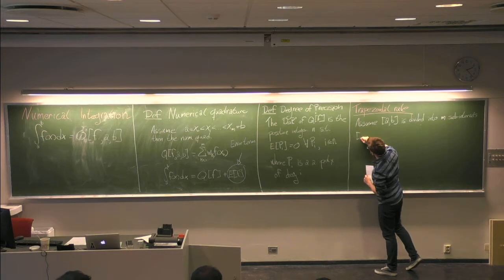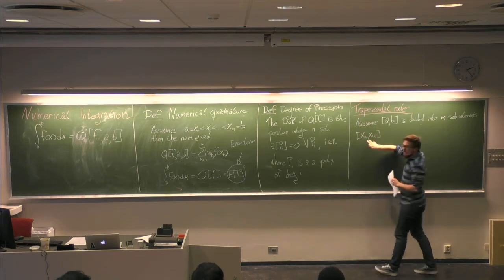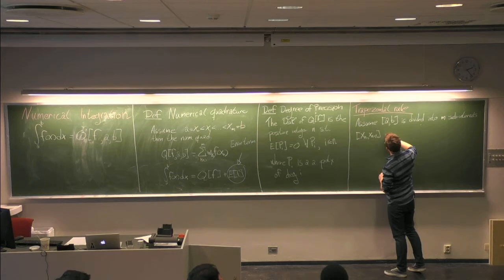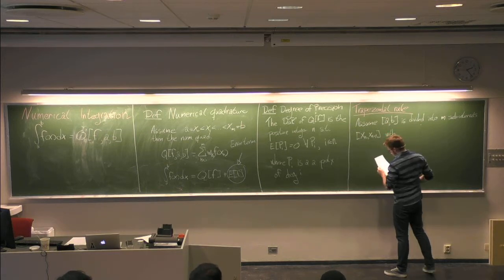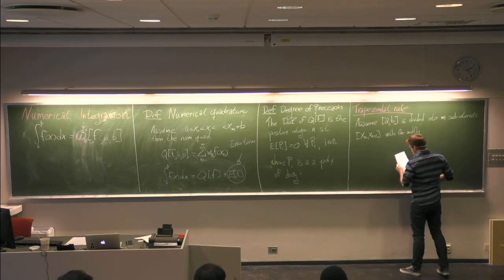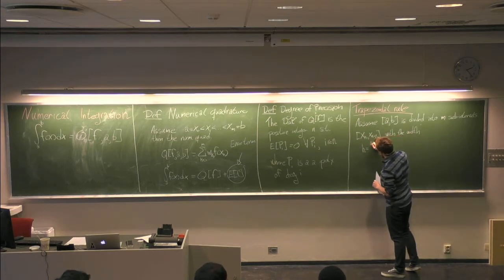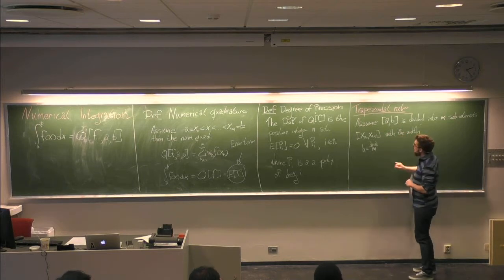So we will call these subintervals xk and xk plus 1. And these subintervals will have a width h, which is basically the step length, b minus a divided by m. So this will give us the distance between these two points.